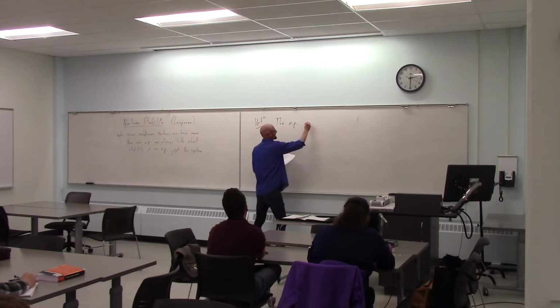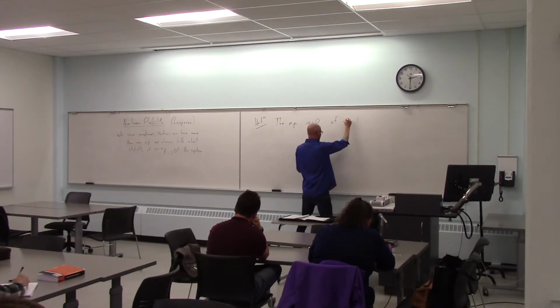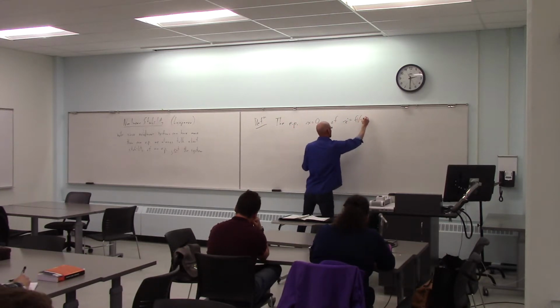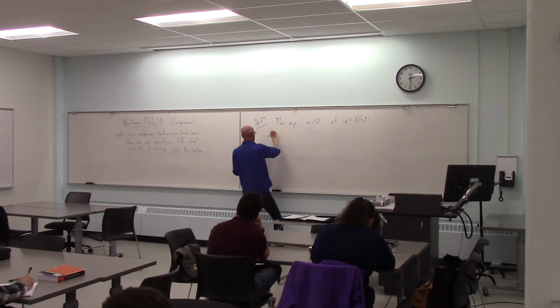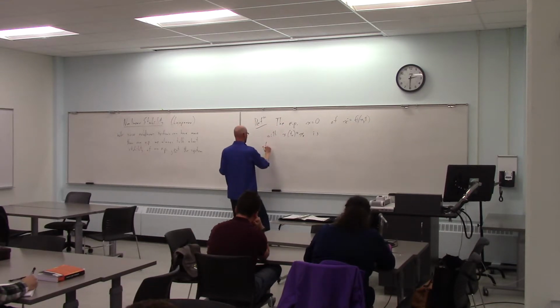So the equilibrium point x equals 0 of x dot equals f of x and t, with x of t naught equals x naught, is stable.